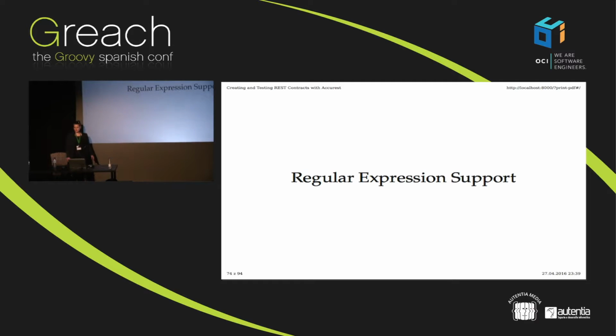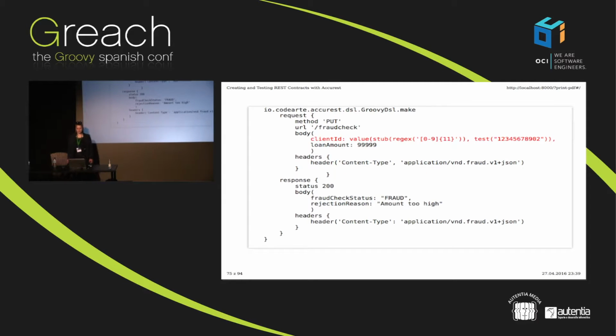Let's say we wanted to make a request with a client ID number, but we didn't want to always pass the same number. We wanted a number that would just match a certain pattern. So we asked the team that was then working on Accurest to implement it, and regular expression support was added. So this is what it looks like in the script.